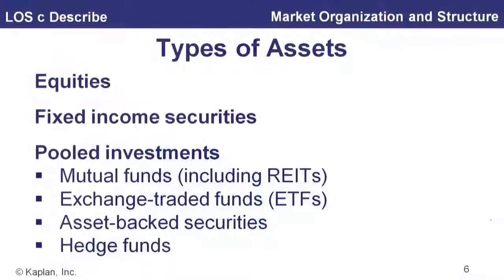Fixed income securities refers to debt markets broadly. And fixed income securities have priority over equity securities. They're paid first before dividends can be paid to equity owners. Pooled investments, we've got 4 examples here: mutual funds, exchange-traded funds, asset-backed securities, and hedge funds.